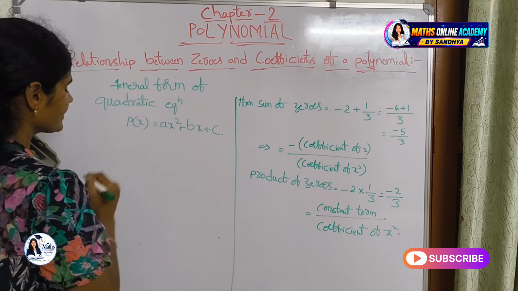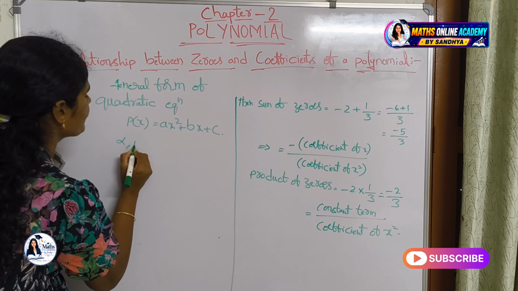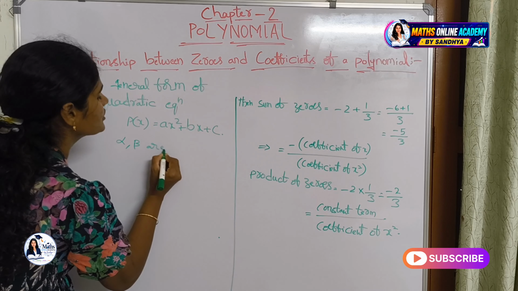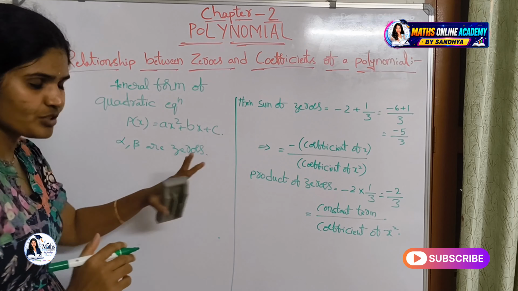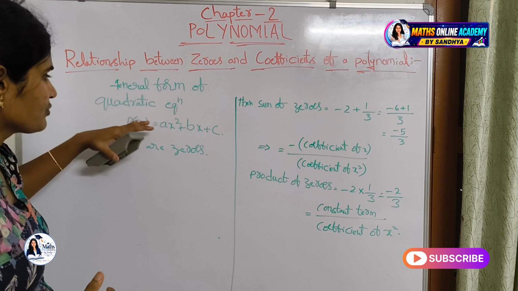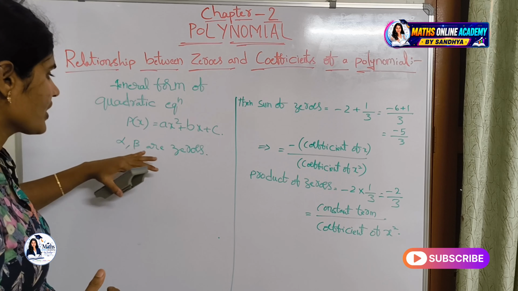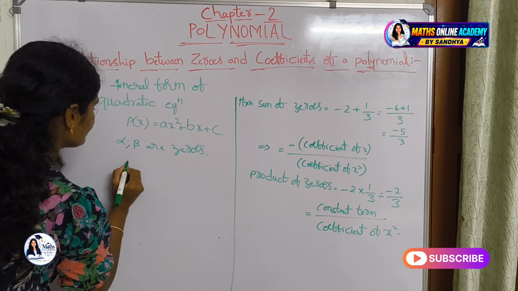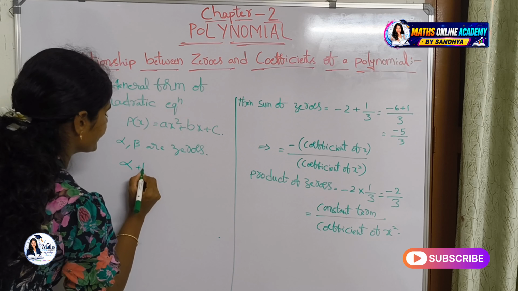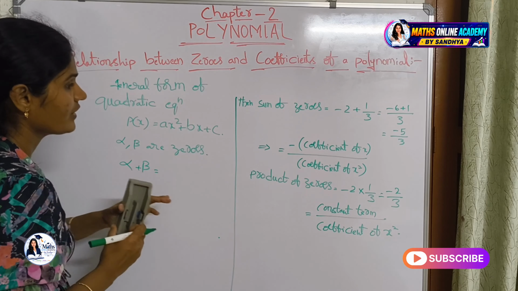Let's take alpha comma beta as the zeros of this polynomial. So, sum of zeros: alpha plus beta equal to what?